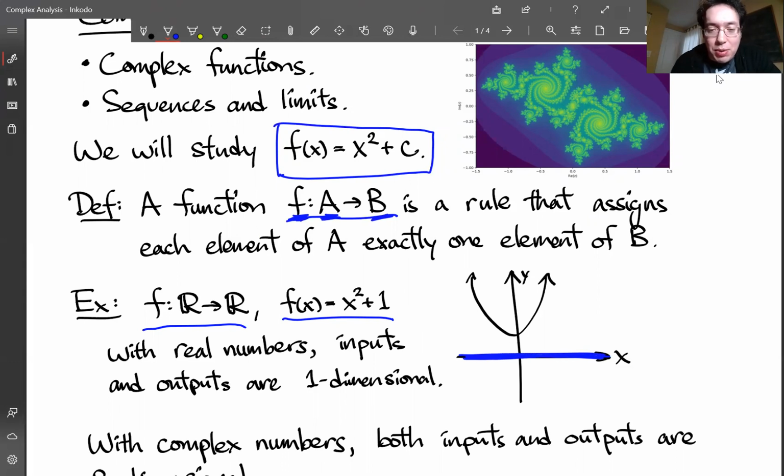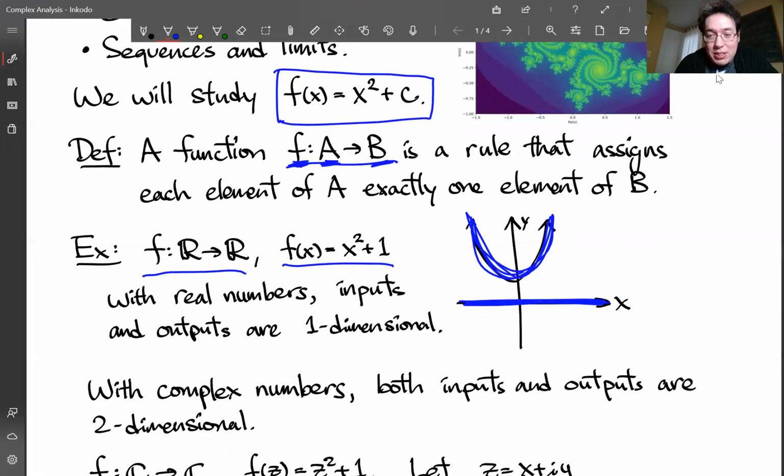We plug in a number for x, we square it and we add 1, and this is what the output looks like depending on the different inputs that you put in. So a graph is something that we take for granted, that visually gives us what the function is doing at one glance. But there's an issue with complex numbers here.